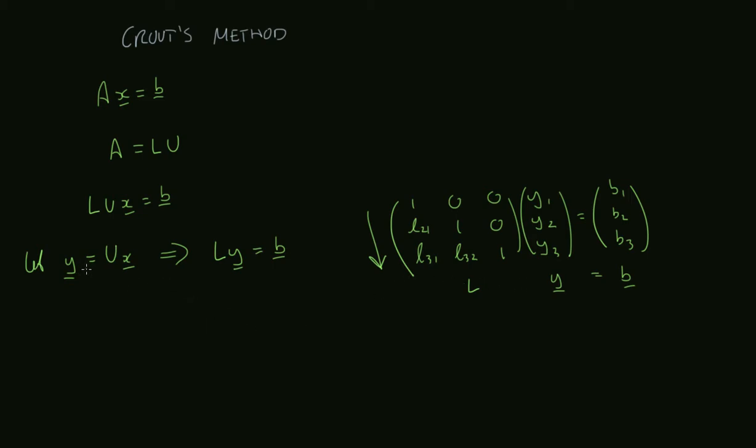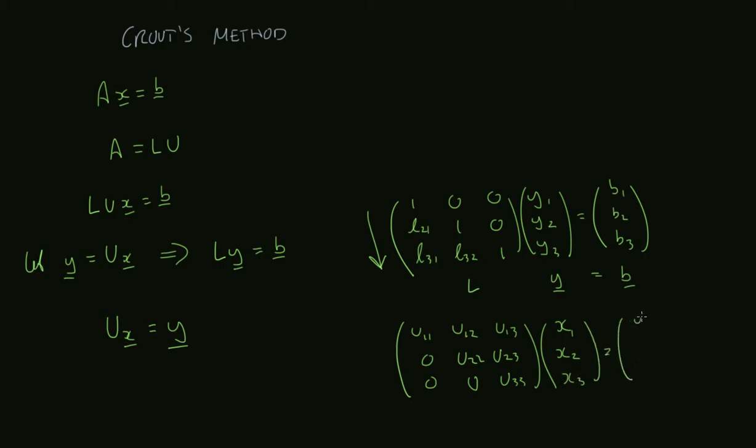Now since we let Y equal UX, we can then calculate X by solving UX equals Y. If we look at what UX equals Y would be for a 3 by 3, for example, we write out a 3 by 3 U matrix. Our unknowns are going to be our unknown values for X, and that's going to be equal to our Y values, the ones we calculated using the forward substitution earlier.